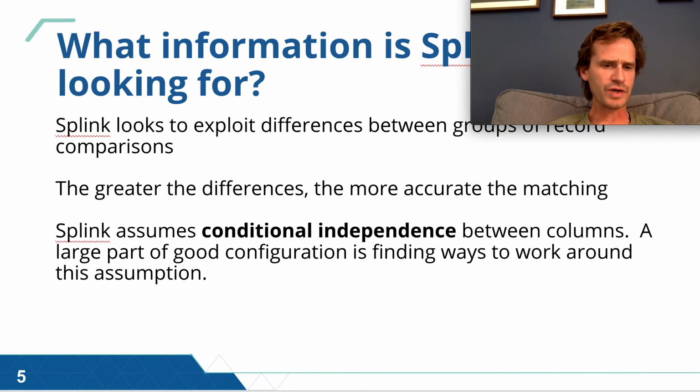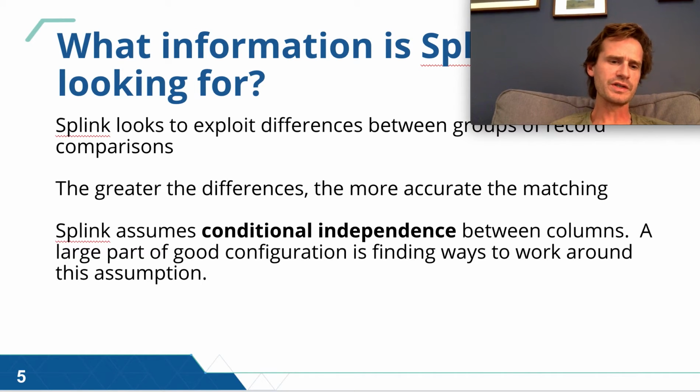This can often be unrealistic, and that means that it can result in double counting. So a large part of optimizing a Splink job is configuring the job to mitigate the impact of the failure of this assumption. For example, we'll see later on that if we include two different columns that are both really just measures of a person's location, that can cause problems.